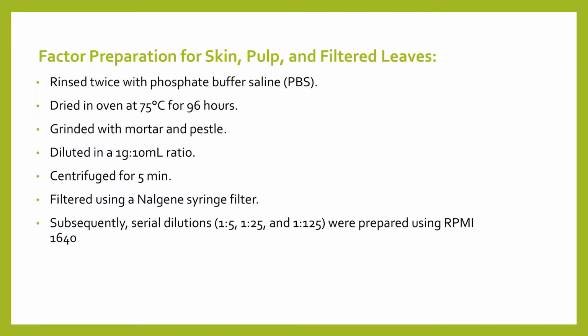For the skin, pulp, and the filter leaves, we rinsed the factors and dried them in an oven for 96 hours at 75 degrees Celsius. Once it was dry, we ground them. Grinding is a fun word to say for me. We used mortar and pestles, and it was very fun for the first couple of hours.